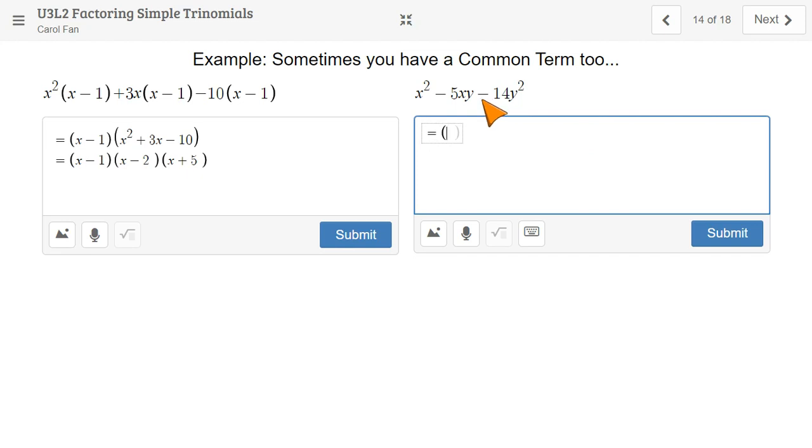I know that one bracket is positive, one bracket is negative because I have a negative c. So I have x plus some number y, and x minus some number y. Now, factors of 14 that add to negative 5, let's have negative 7 and positive 2.